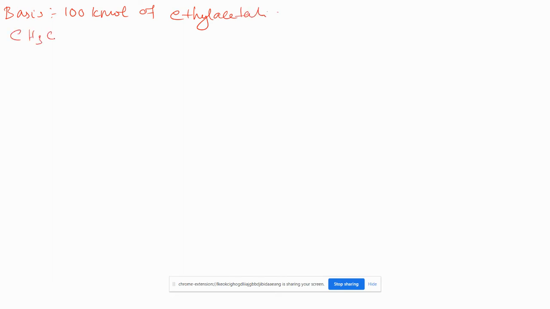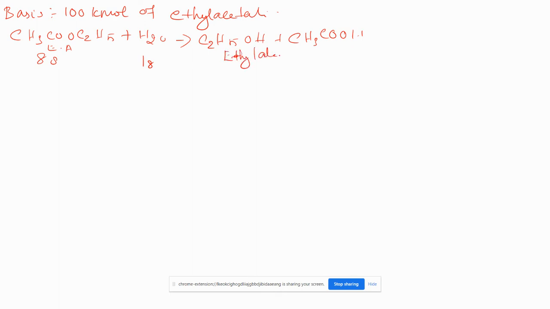Ethyl acetate reacts with water in hydrolysis to give you ethyl alcohol, formula C2H5OH, plus acetic acid, CH3COOH. The ethyl acetate molecular weight is 88, water molecular weight is 18, ethyl alcohol molecular weight is 46, and acetic acid molecular weight is 60.